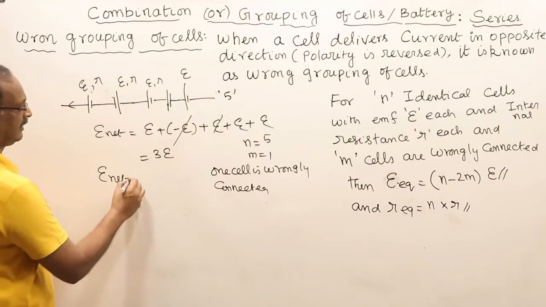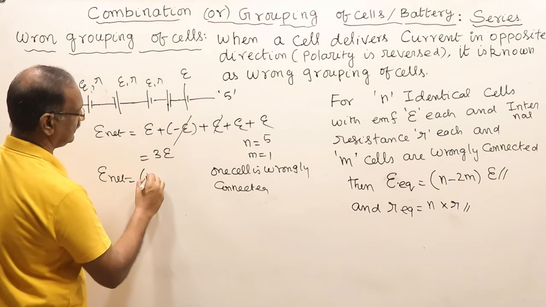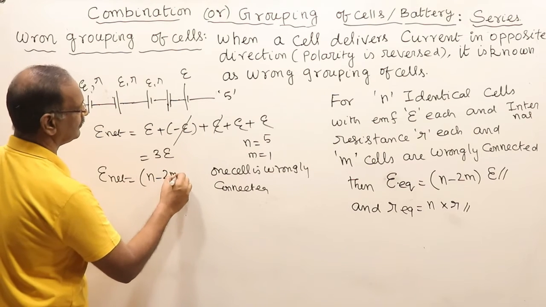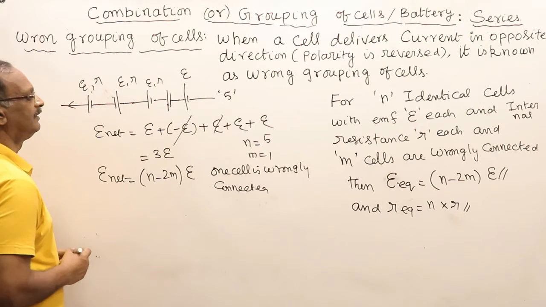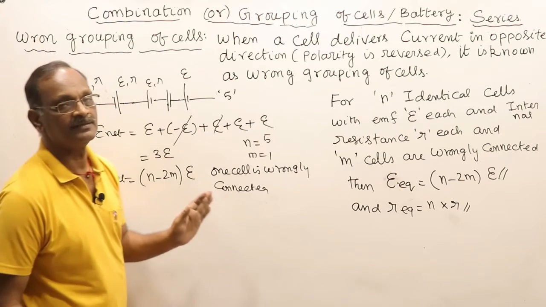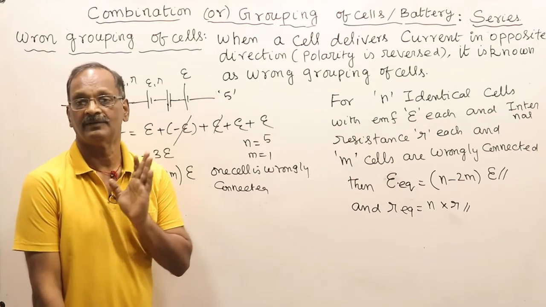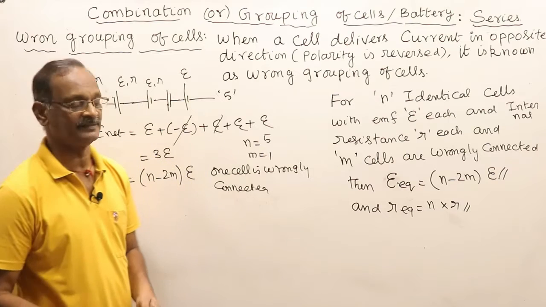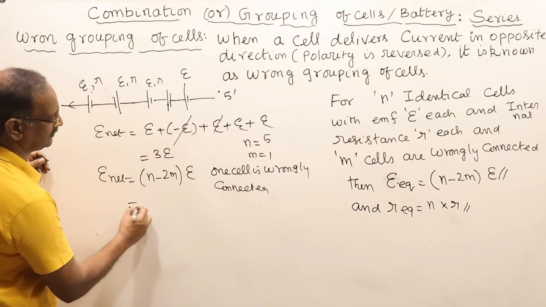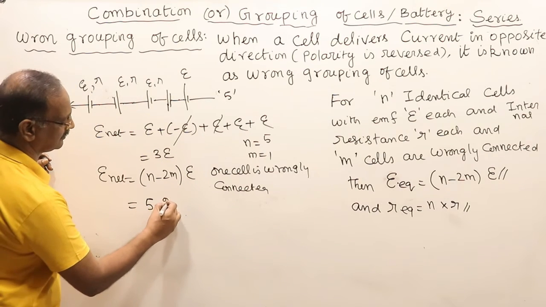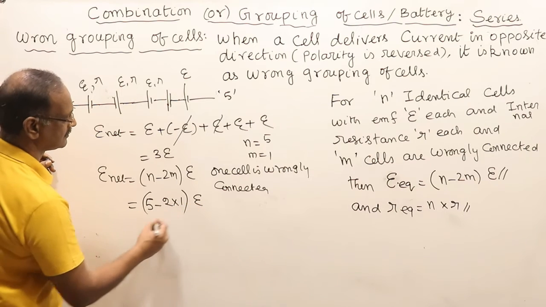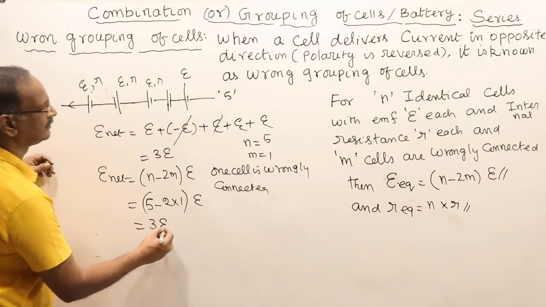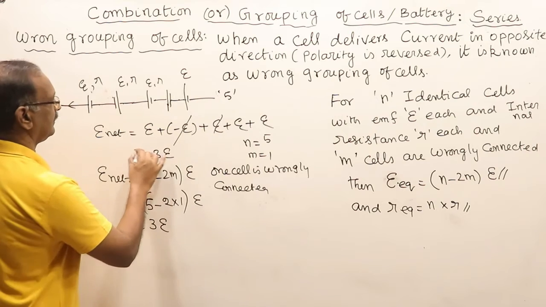So E net we can calculate with the help of the formula (n minus 2m) into the EMF of a single battery, in case of identical batteries. So n is equal to 5 minus 2 into m is equal to 1, into E, which is equal to 3E. Our calculation also comes out the same.